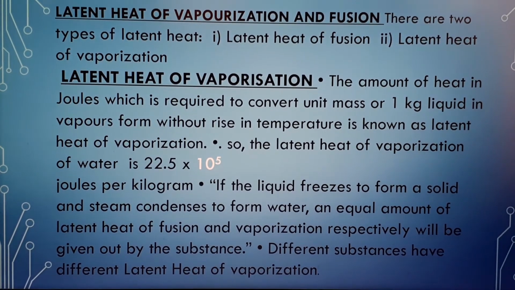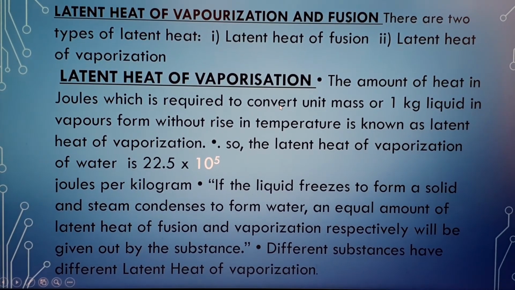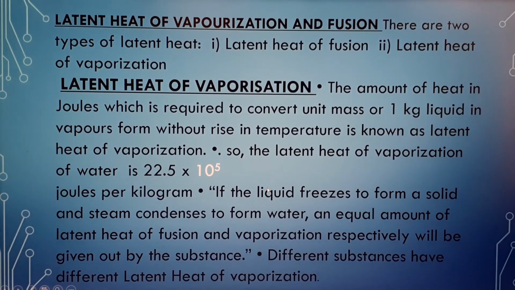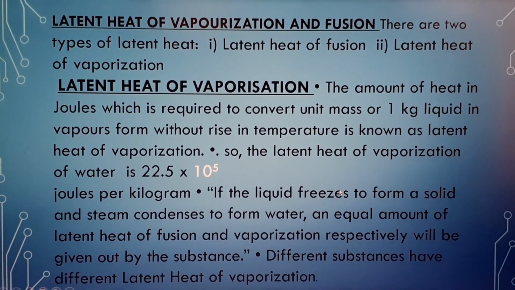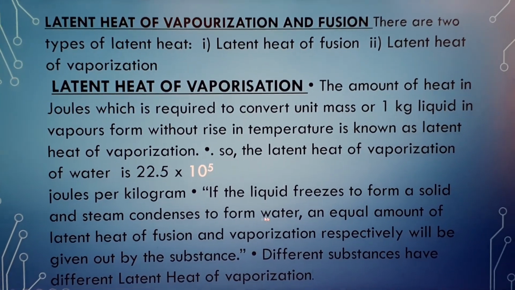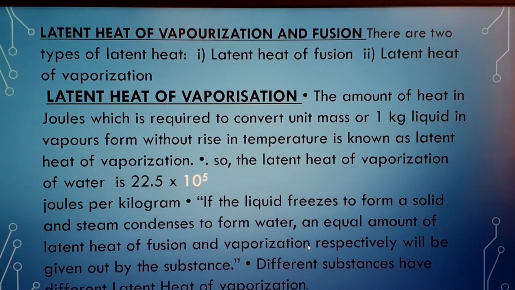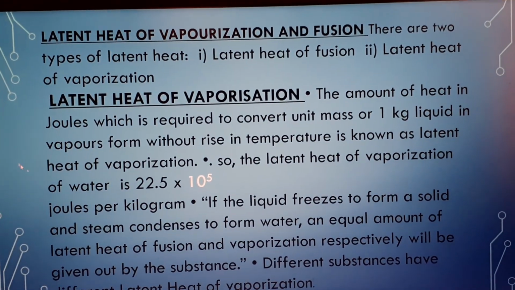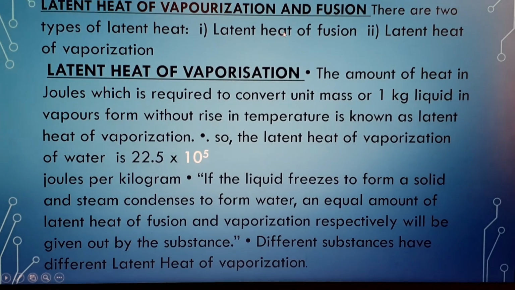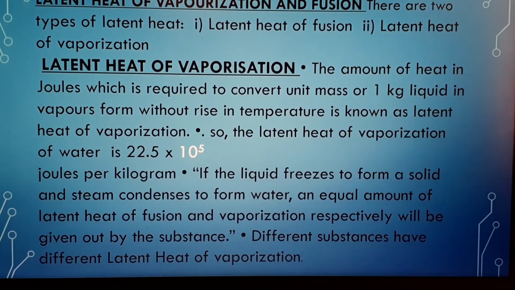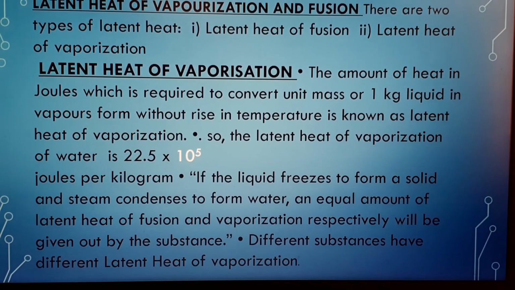Latent heat is of two types: latent heat of fusion and latent heat of vaporization. Latent heat of fusion means latent heat of melting. Next one, latent heat of vaporization, which is what I told you. For latent heat of fusion, take one ice cube and see its temperature.